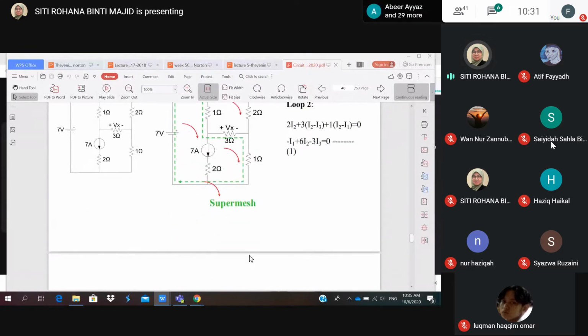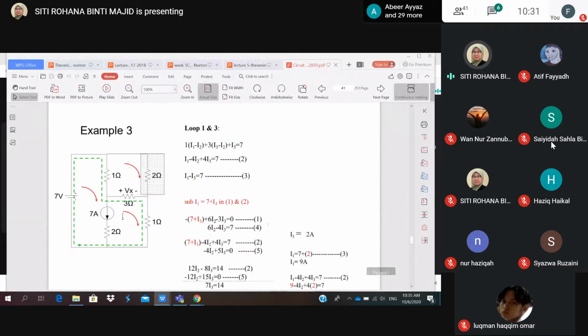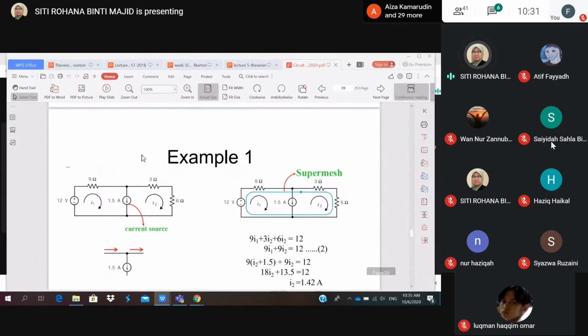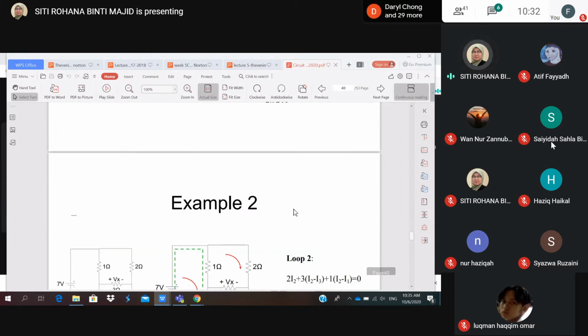For example, in last week's lecture, this is the node. This part is what we call the ground, and then we can calculate the voltage at this point or the voltage at this point, depending on the question.